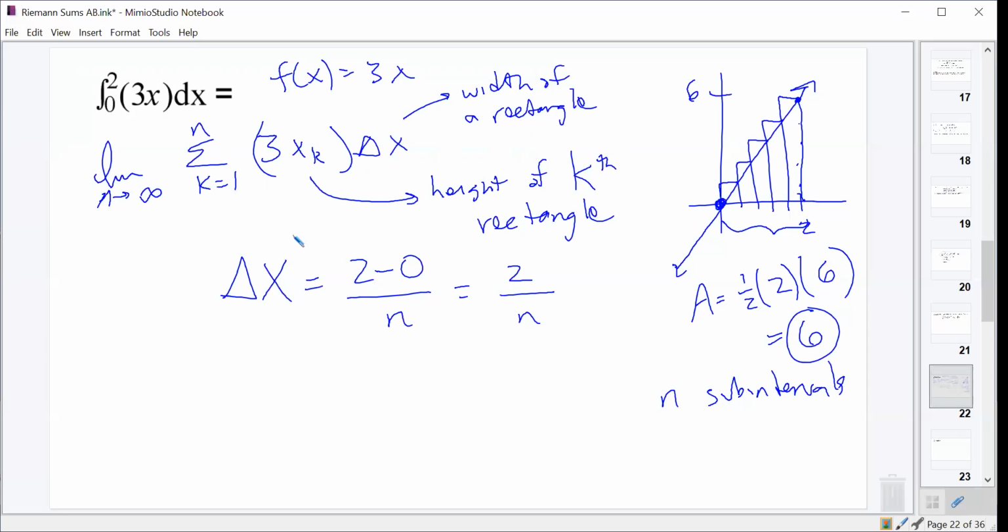So our delta x should be 2 over n. Everybody good with that? And we'll note that delta x is always equal to b minus a over n. Good with that or no?